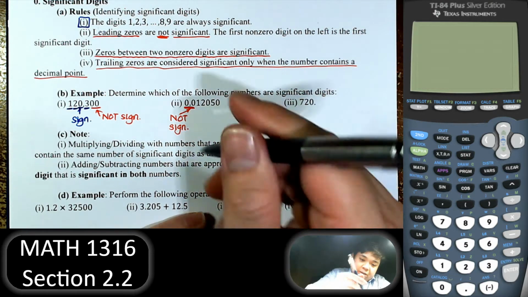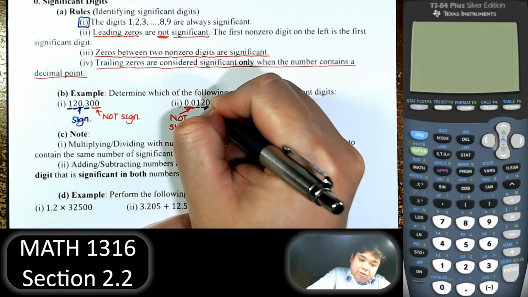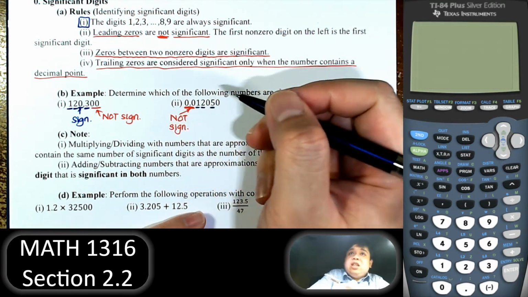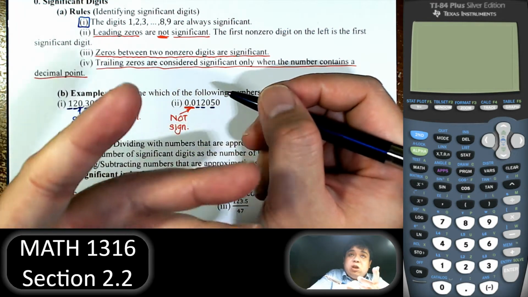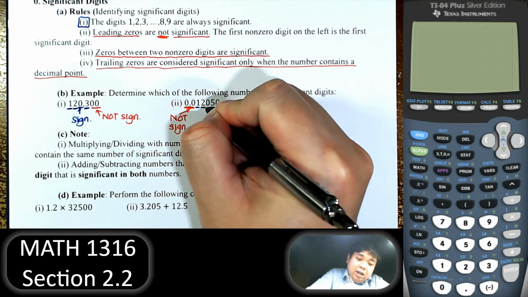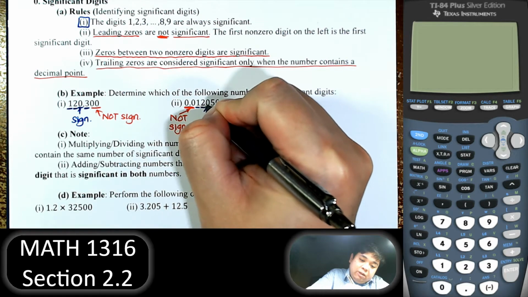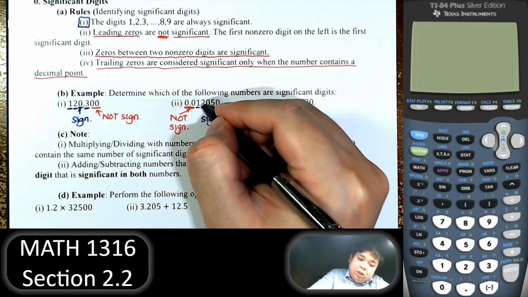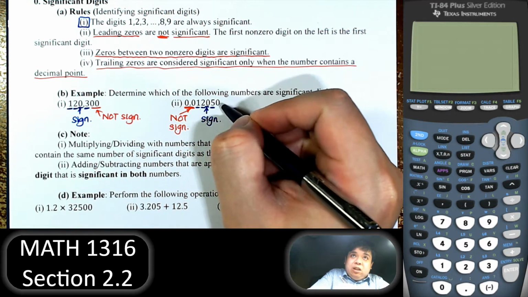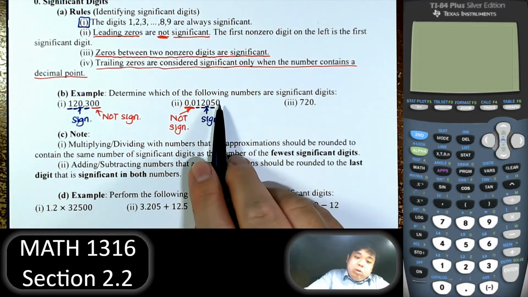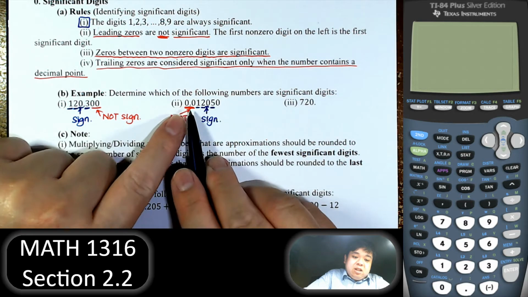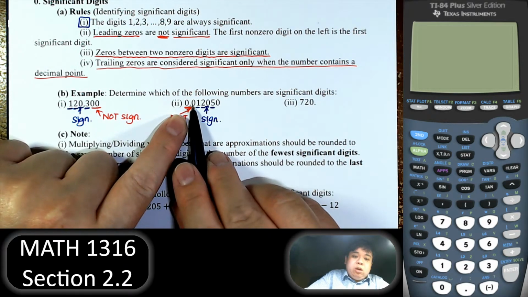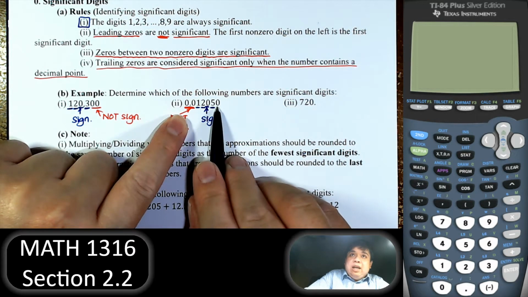And then we have the 1, the 2, and the 5 here. Definitely significant because they are not 0. The 0 in between here is also significant. So we have 1, 2, 3, and 4. How about the last 0 here? This is the trailing 0, but because there is the presence of the decimal point, that 0 is also significant.